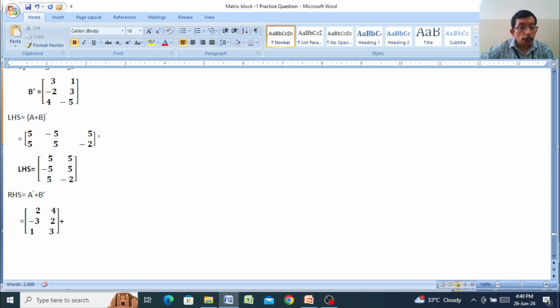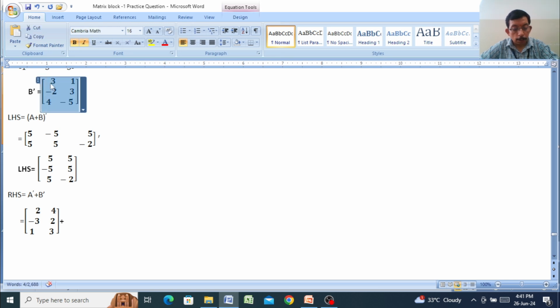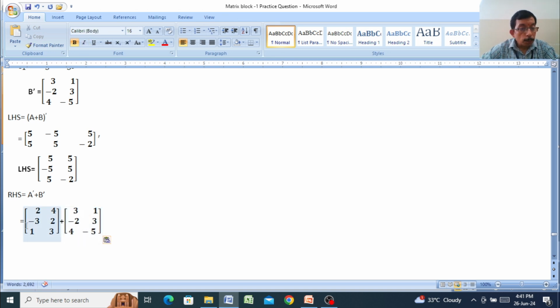Plus transpose of B is noted down here and written down here. Both the matrices will be added in the next step.